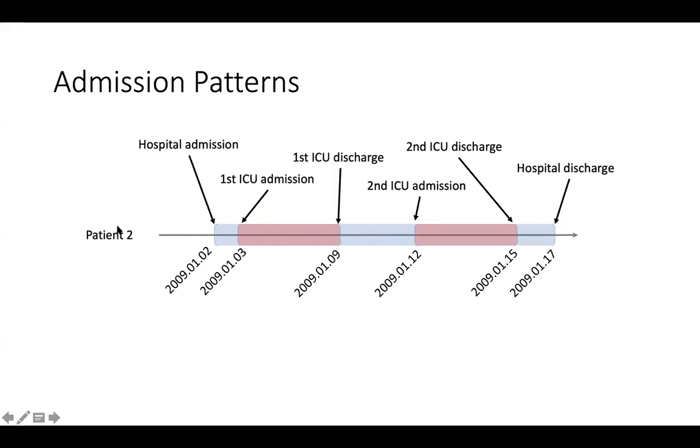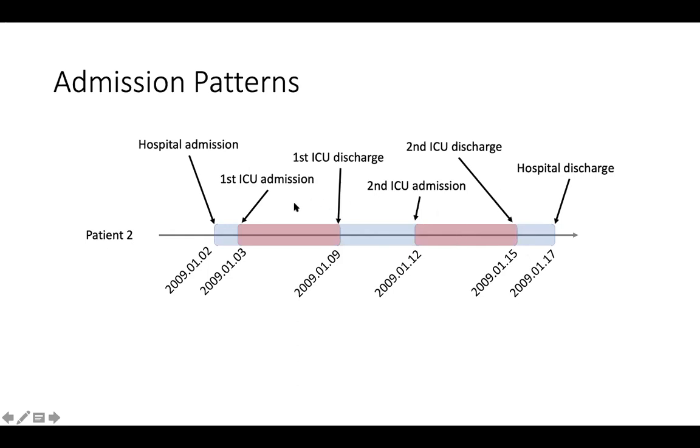Then, patient 2, something happens again, like some kind of shock or whatever, and he is transferred back to the ICU. So this is the second admission, and he stays there for 3 days, is stabilized, discharged from the ICU, then stays in the ward for 2 more days, and is discharged from the hospital.